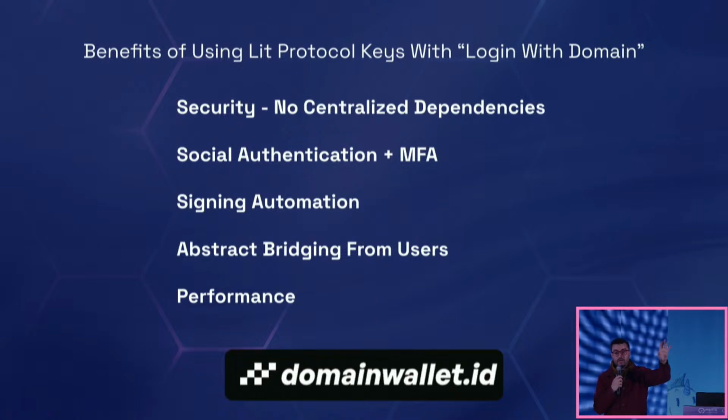They could be asleep, they could be at the bar, they could do whatever. The signing is happening in an automated way because what Lit functionally is, is a key management service where you can write serverless functions that dictate how the distributed key will sign and decrypt. And then one of the other benefits here, as this starts to become fully realized, is this also becomes a mechanism for abstracting the bridging of assets across chains and the chain selection away from users, which can move into the background.